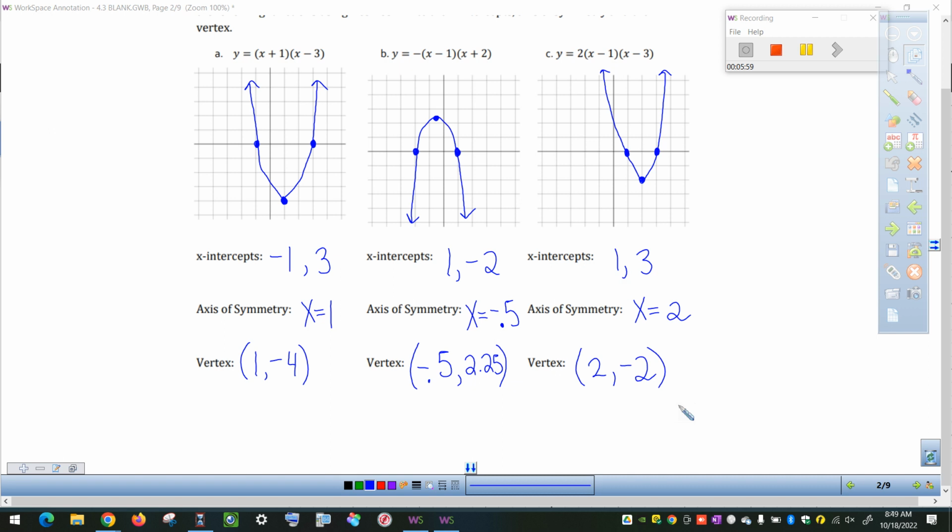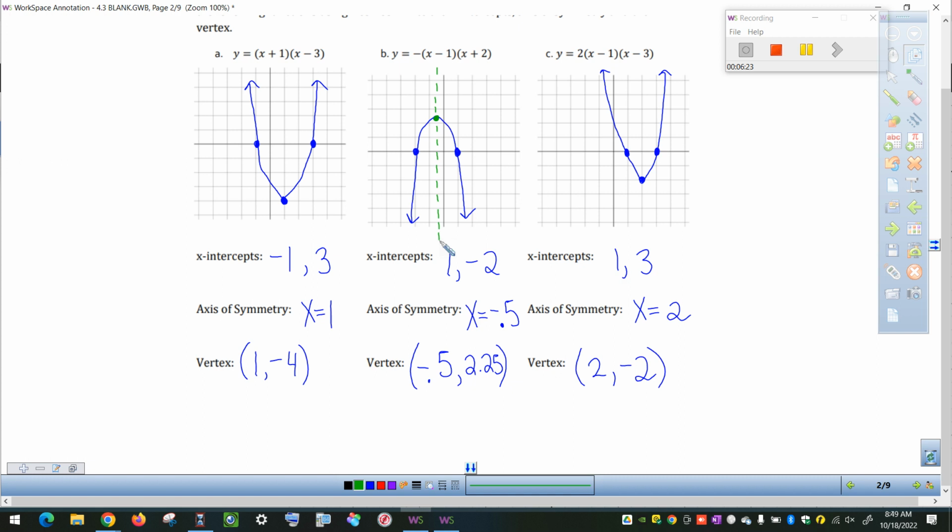And what was interesting, though, is that the axis of symmetry ended up being at a decimal value. Because when we got the coordinates for our vertex, we saw that the x value of the vertex was actually -0.5. Well, if we were to draw in that axis of symmetry through -0.5, that looks like it would work. It looks like it is exactly the halfway point for our parabola shape.